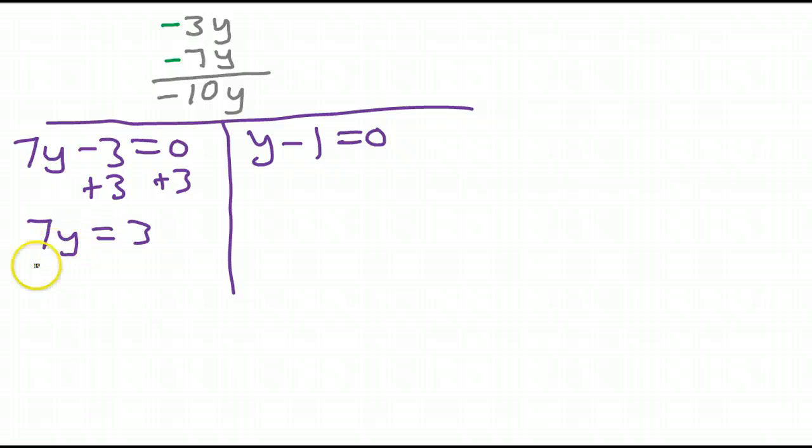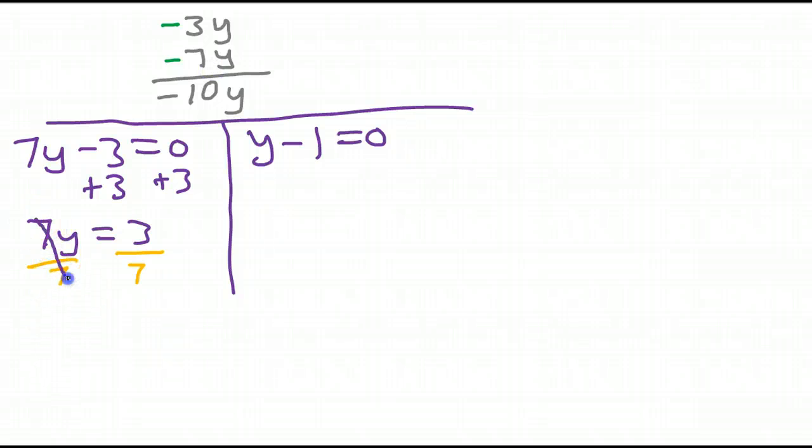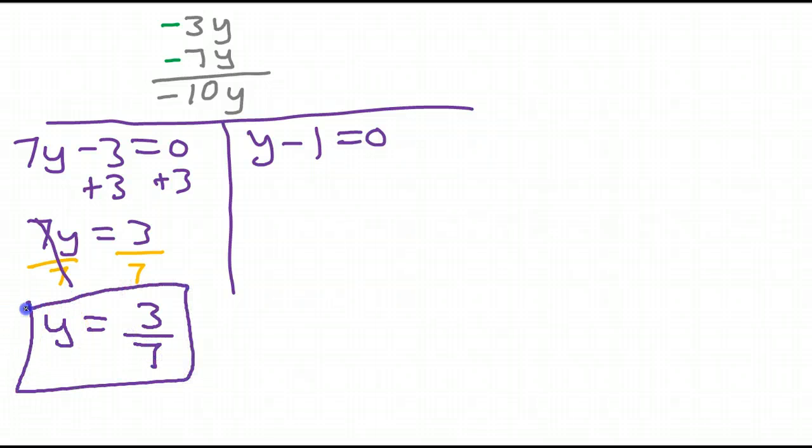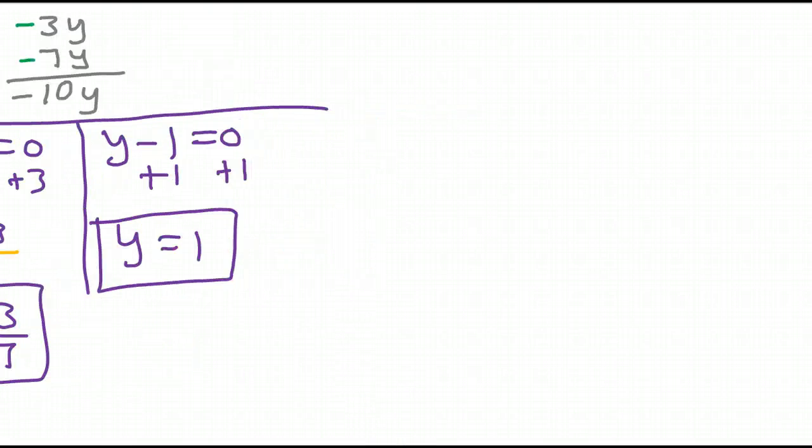If I then divide by 7, that's going to give me y equals 3 over 7. So that's one of my answers. Meanwhile, if I add 1 to both sides over here, that's just going to immediately give me y equals 1. So this is the other answer.